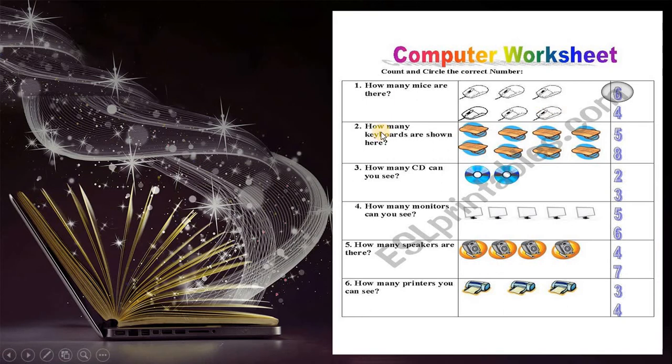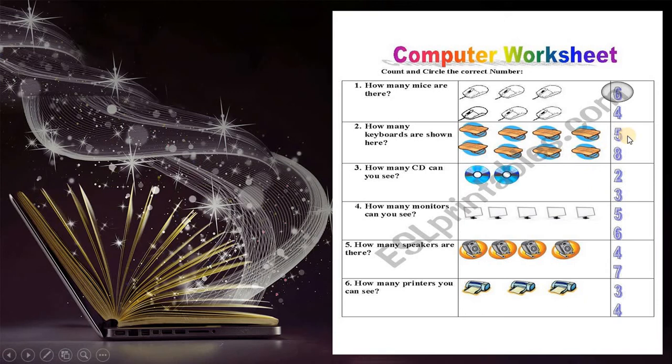Now see, how many keyboards are shown here? Count. 1, 2, 3, 4, 5, 6, 7, 8. So how many keyboards? 8 keyboards.